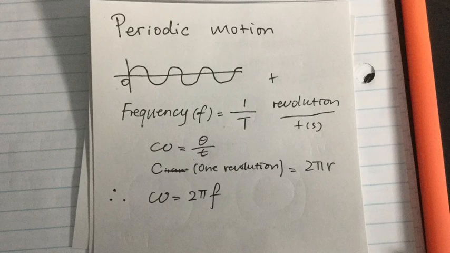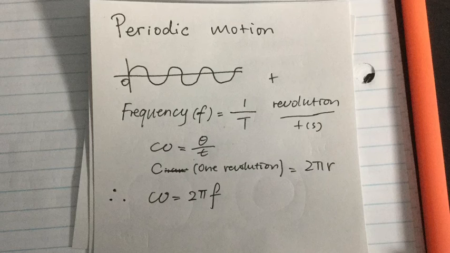In rotational motion, you can pick any point in the object you want to calculate any velocity or acceleration. It's also a periodic motion. If you draw a function, it's going to be like a sine function like this. Per one period, the point you pick returns to the original place. It doesn't move anywhere.